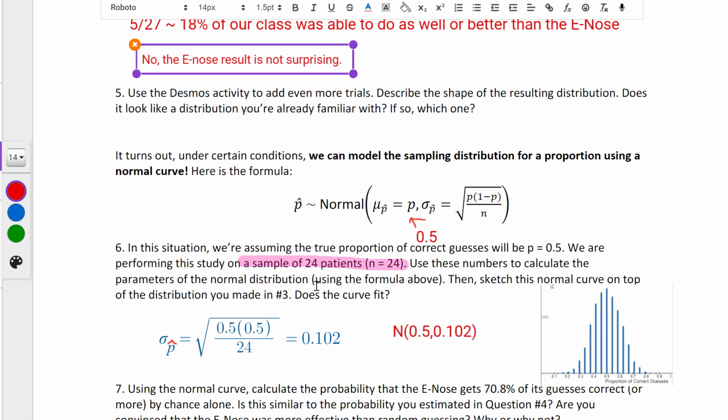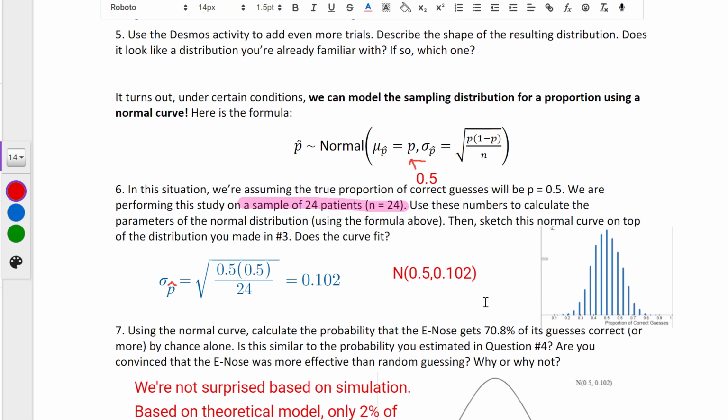Then we can calculate the standard deviation. Remember, we have 24 patients in our sample. So we put in 0.5, and 1 minus 0.5, which happens to be 0.5, and you have 24. Take the square root of all that, and you get 0.102. Once you do that, you have a normal model with 0.5 and 0.102.